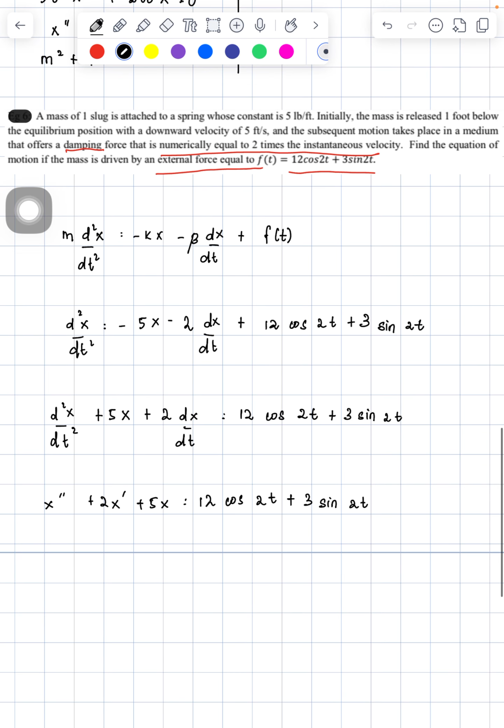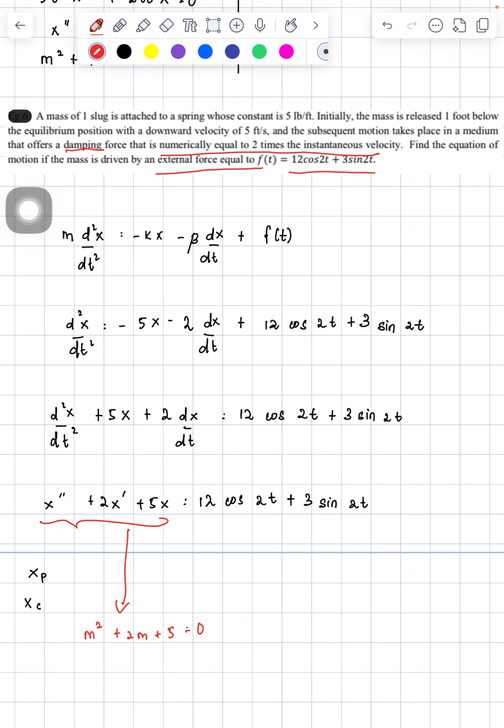Okay, here, since the equation is not equal to 0, it means we have a non-homogeneous equation. When you have a non-homogeneous equation, you need to find xp and xc, meaning the particular solution and the complementary solution. We can transform into the auxiliary equation. It becomes m squared plus 2m plus 5 equals 0.